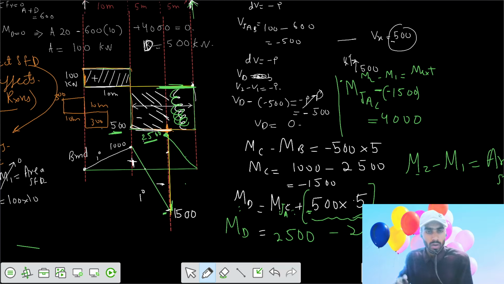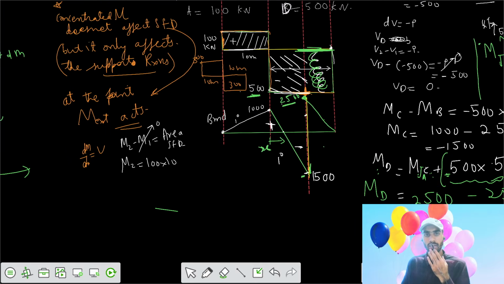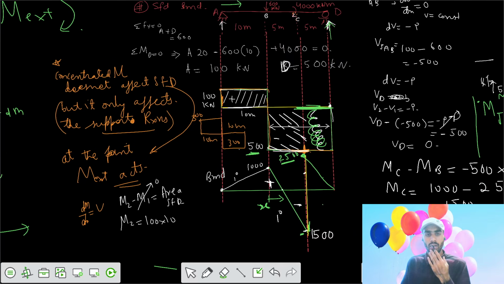Now we need to get the value of this x, where the bending moment changes sign. We can get it by similar triangles.